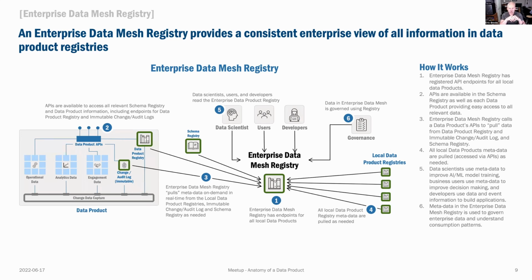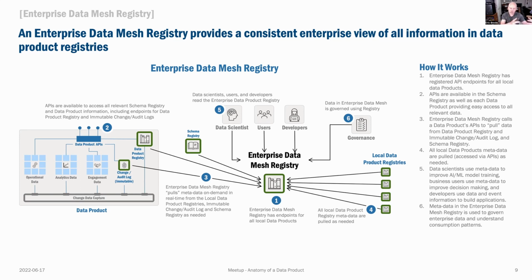The data product registries are actually part of an enterprise data mesh registry. What I've seen and implemented in this kind of federated, distributed model is that the enterprise data mesh registry is really just a proxy, a facade, and a user interface on top of the data product registries. In other words, just like the whole data product notion is federated, distributed, decentralized, the enterprise data mesh registry also recognizes the fact that data products are distributed.